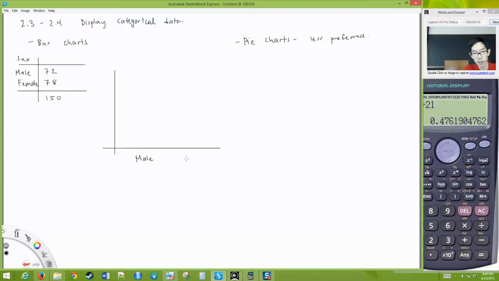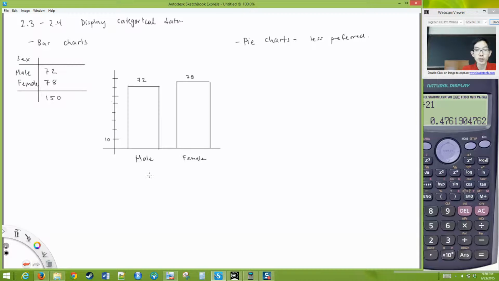You just write male, and you put female over here, and you just mark off 10, 20, 30, 40, 50, 60, 70, 80, okay? And so for the males, you have a bar that goes up to 72, and for females, you have a bar that goes up to 78. And there you go, okay? And if you want to put the numbers 72 and 78, that's also fine.